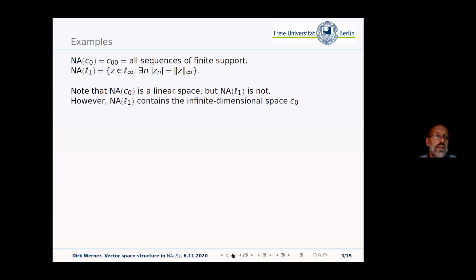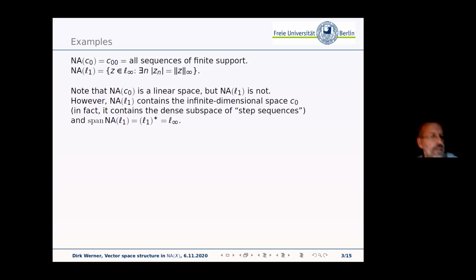However, in this latter case, there's, of course, a subspace, a sub-vector space to be precise, consisting entirely of norm attaining functionals. And since little l1 is a dual, this is clear that the pre-dual c0 will be a closed subspace of norm attaining functionals. But you could do a little bit better, because there's also a dense subspace that works.